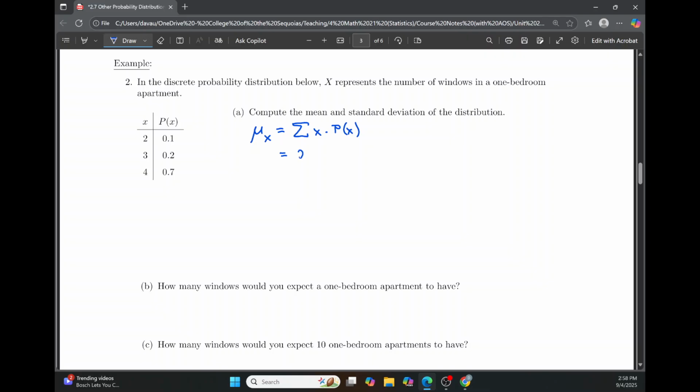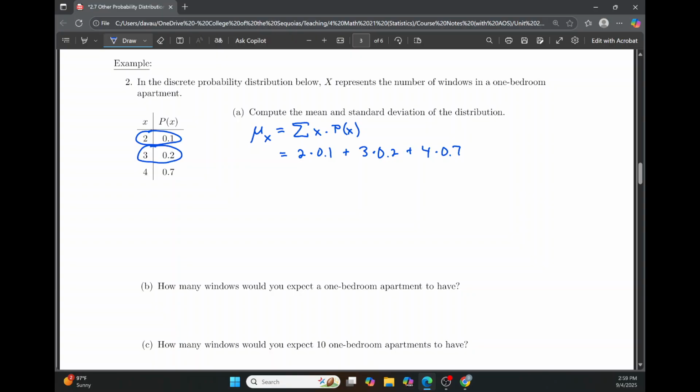So it's going to be 2 times 0.1, plus 3 times 0.2, plus 4 times 0.7. And of course, then we need to punch that into our calculator.